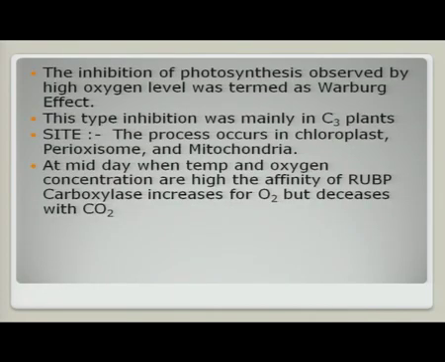Now, after C3 and C4 cycle, there is another process involved in the photosynthesis, which depends upon the light intensity, when the light intensity is present or not. That process is called photorespiration.